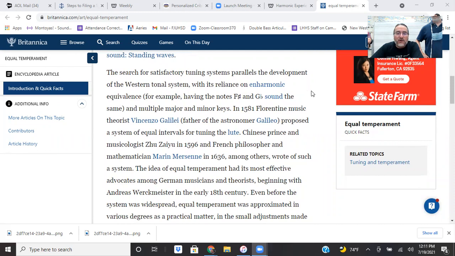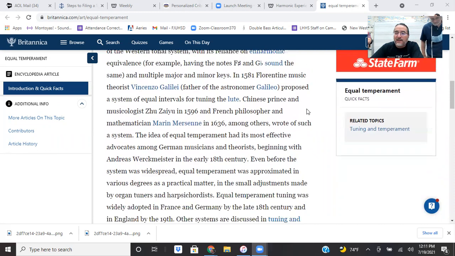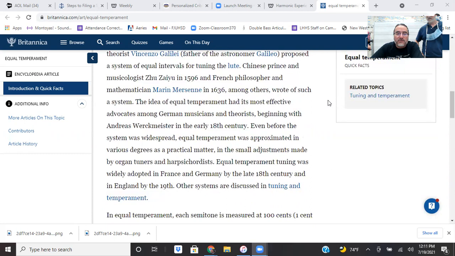"In 1581, Galilei, father of Galileo, proposed a system of equal intervals in tuning for the lute. Chinese prince and musicologist Zhu Zaiyu in 1596, and French philosopher Mersenne in 1636, among others, wrote of such a system. The ideal of equal temperament has its most effective advocates among the German musicians and theorists, beginning with Werckmeister in the early 18th century.